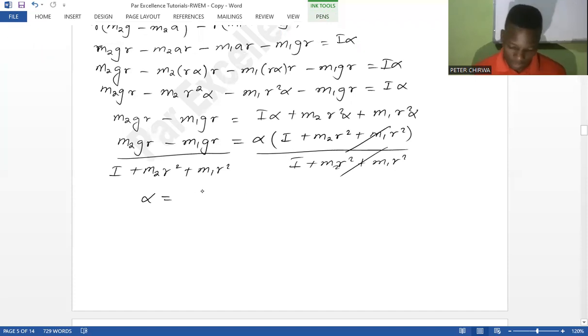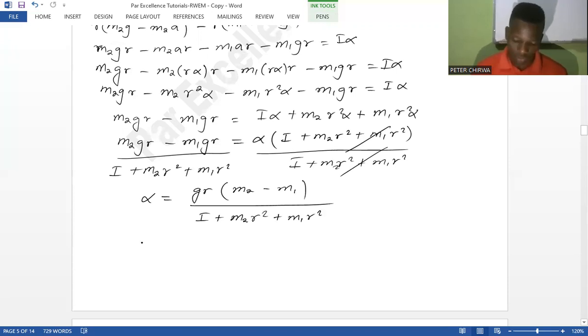Then I'll say rg times m2 minus m1 over I plus m2r squared plus m1r squared.